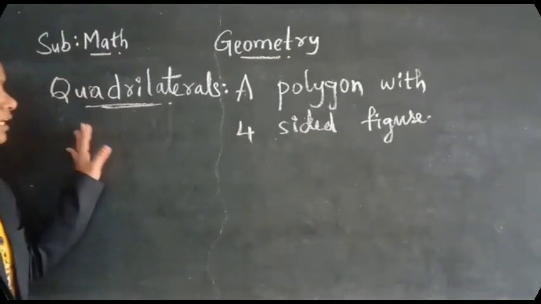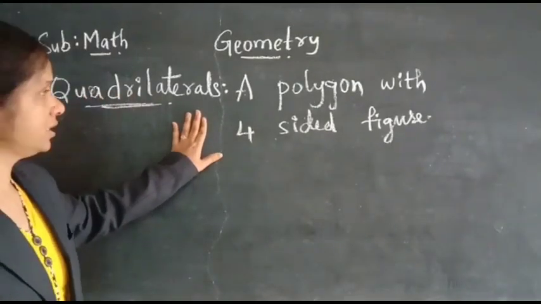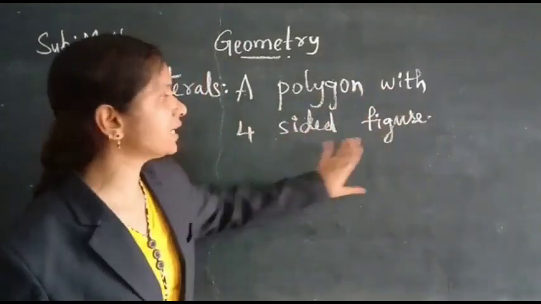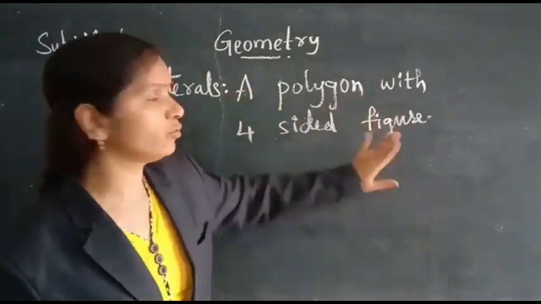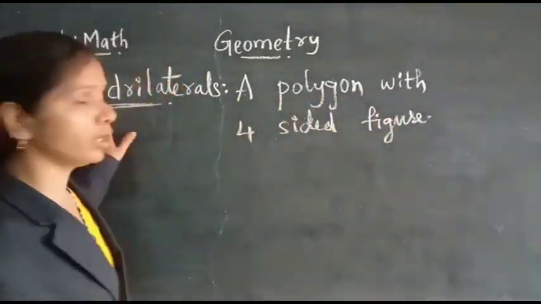Children, here quadrilaterals. I already said, a polygon with a 4-sided figure is called a quadrilateral.